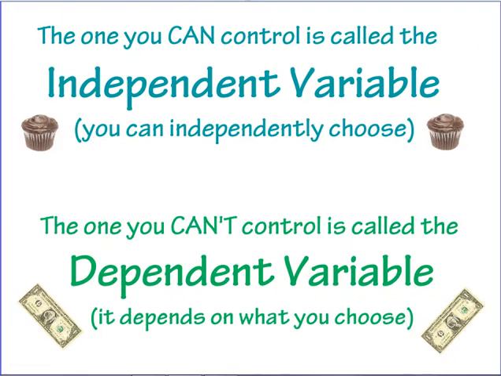The one I can't control, which would be our cost, right, is called the dependent variable. The amount of money that I have to spend depends on how many cupcakes I choose. So independent variable, dependent variable, those are important things to know.